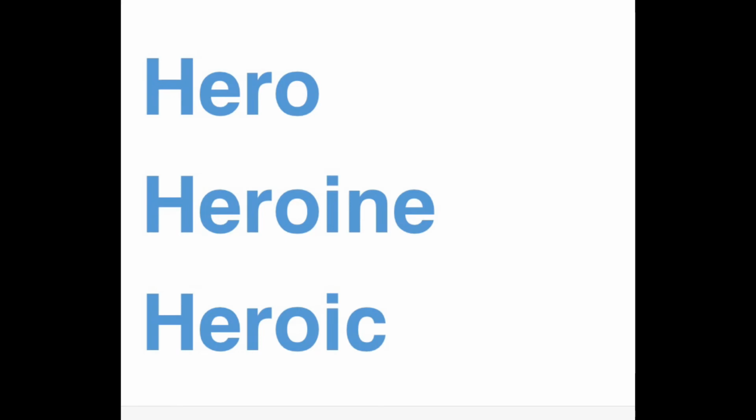Just kidding. Before I can show you the chart, we need to break down these three words: hero, heroine, and heroic. What do we notice that these words have in common? Look very closely at the words. What do you see that all three words have? All three words contain the base or the root word hero.